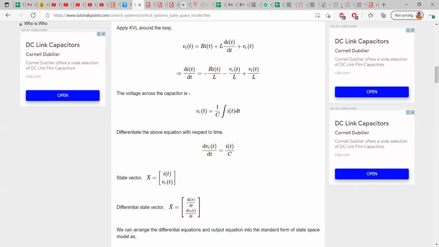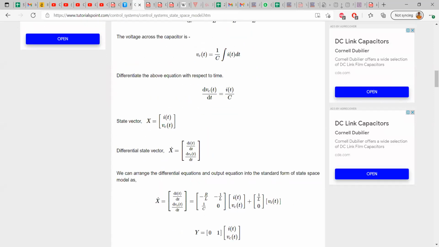State vector and differential state vector. State vector contains the state variables as the elements. Differential state vector contains the first derivative of the state variables as the elements. Is it clear? All of you, is it clear?